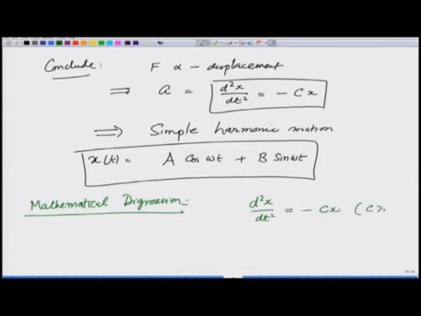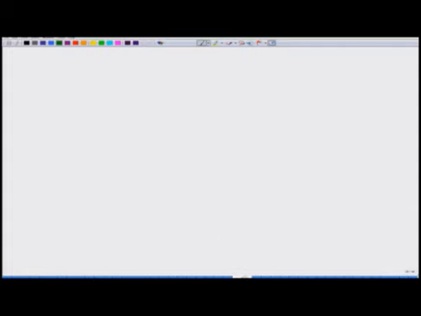I am taking c greater than 0. Okay. So, in this case, the equation I have is d2x by dt square is equal to minus c x. I will assume a solution of the form e raised to lambda t, where lambda is some constant.